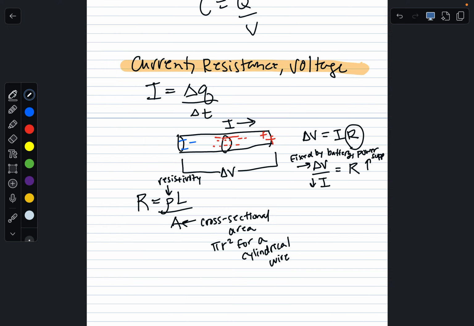You take the resistivity, which is like the tabular value of how resistive that material is. Gold has a very low resistance, copper has a very low resistance, air has a very high resistance.